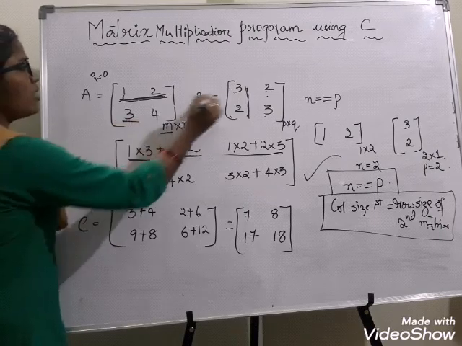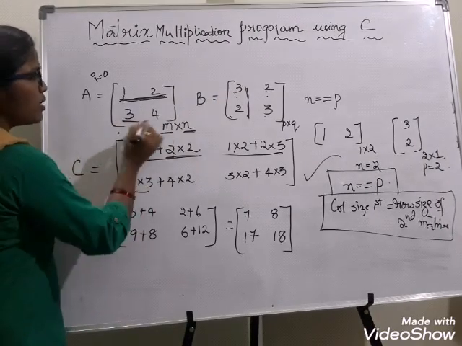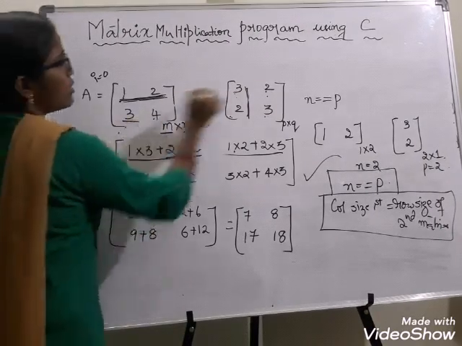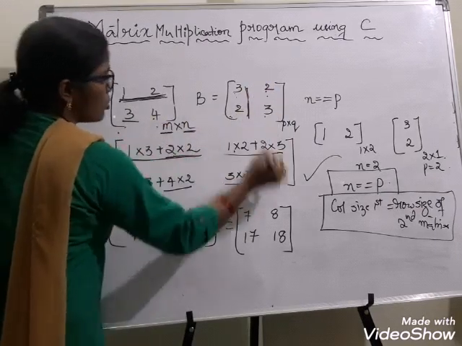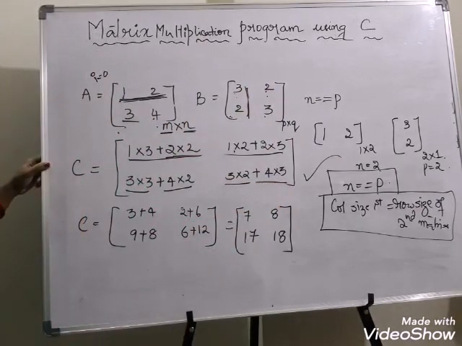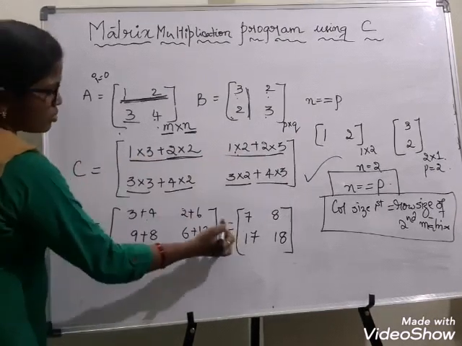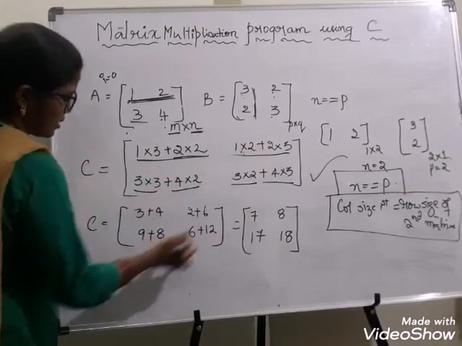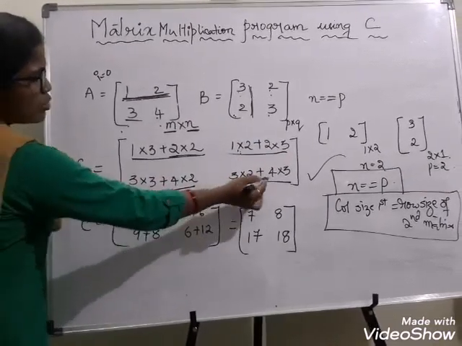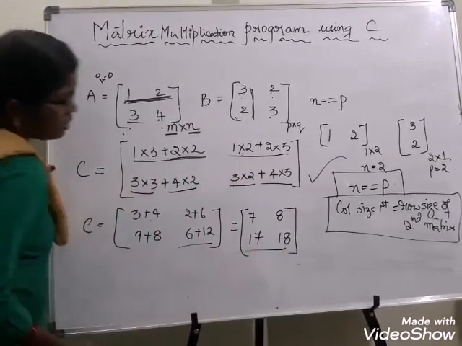Right, next 3 into 3 plus 4 into 2. And 3 into 2 plus 4 into 3. So after solving this, 3 plus 4, 2 plus 3, 2 plus 6, 9 plus 8, 6 plus 12. This is my result.